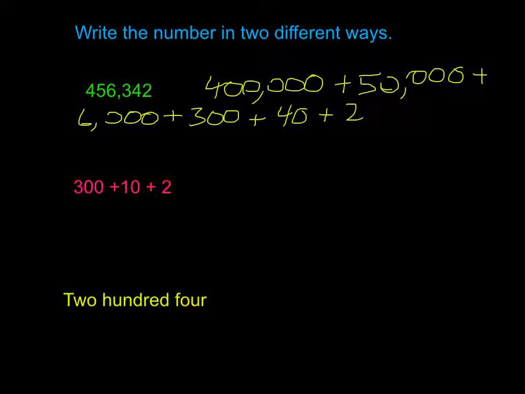Now, to then write this in word form, we're going to write 400 and 56, thousand.